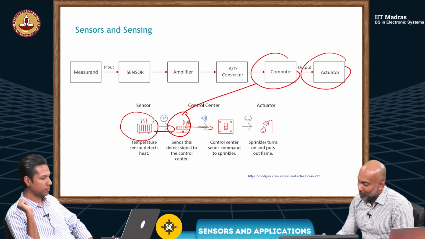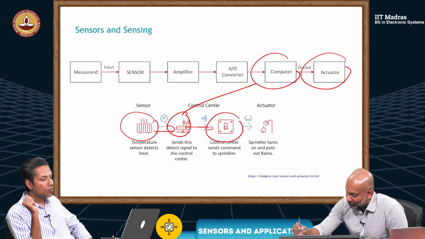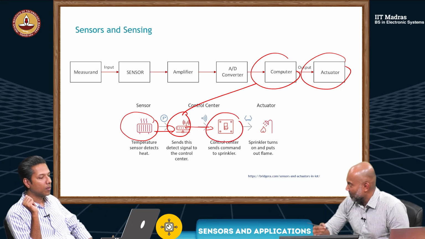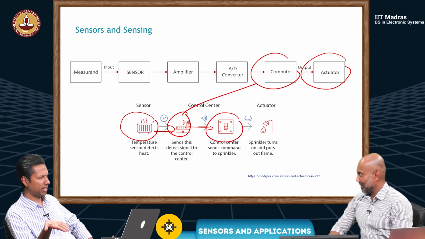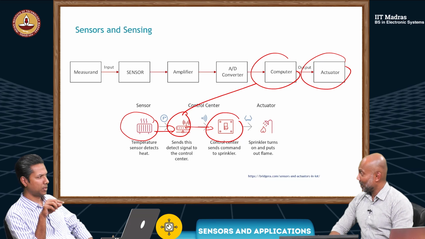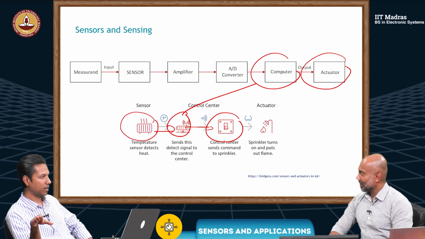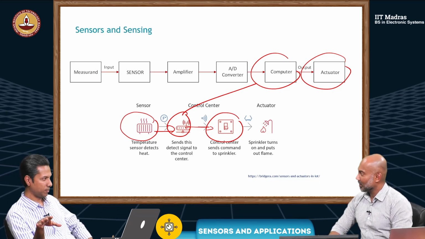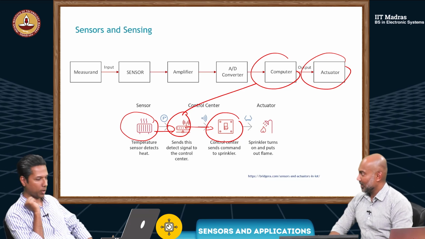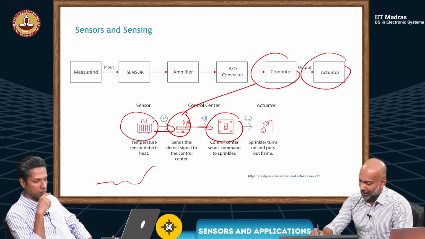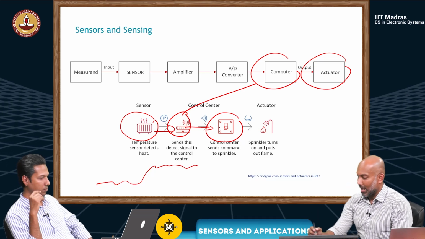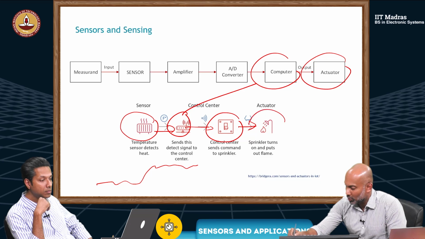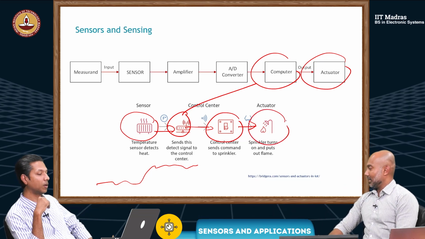There's no action. Now, let's say this is connected to some switch, on off, very simple. It can be a relay that turns on, makes a contact and enables current flow. So if the temperature suddenly goes really high, this is turned on, and that is in turn connected to a sprinkler system that sprays water.